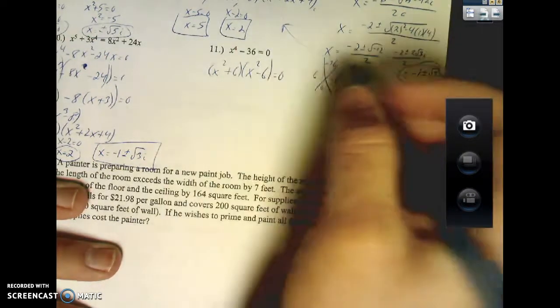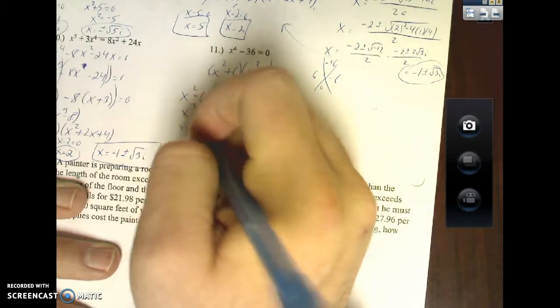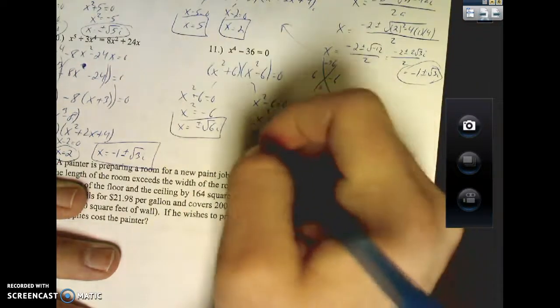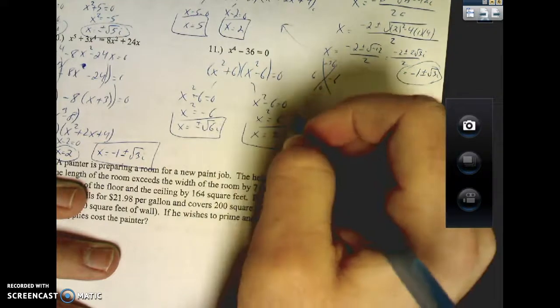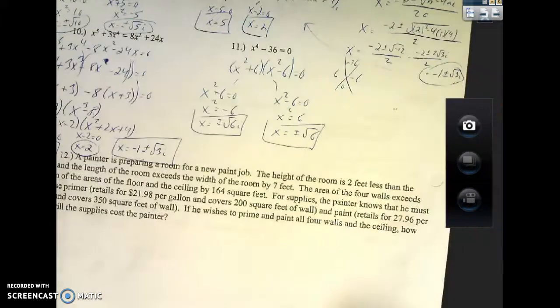So each of these I'm going to say equal to 0, since I'm solving for it. X squared plus 6 equals 0, x squared minus 6 equals 0, x squared equals negative 6, square root it, x equals plus or minus root 6i. Over here, x squared equals 6, x equals plus or minus root 6. You're good? Okay. Cool. Alright.